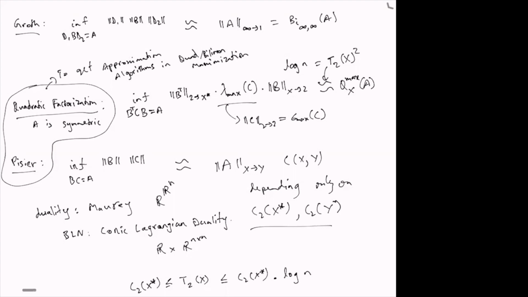Of course, necessarily the type 2 and co-type 2 constants of these norms have to be bounded for us to get good results. And we need some more assumptions, but I'll not get into that today.